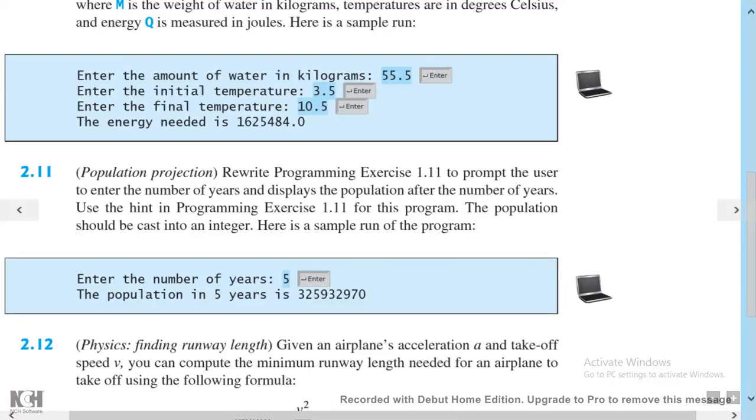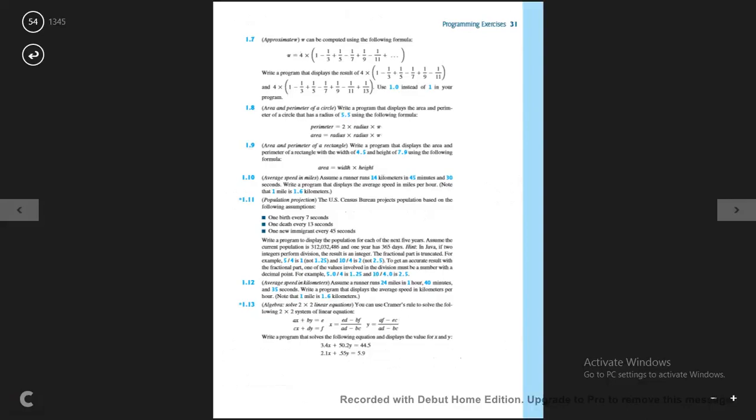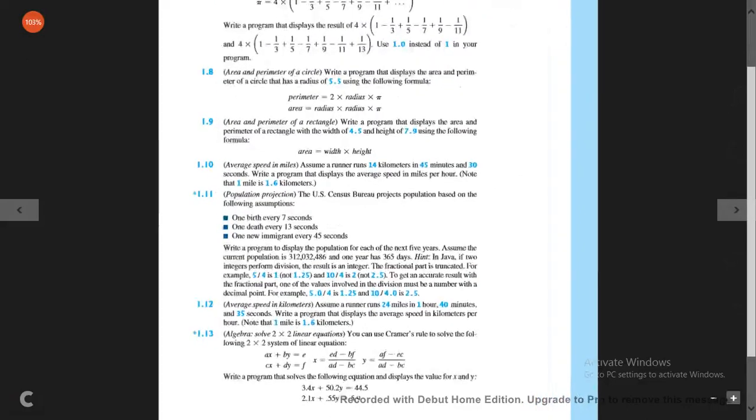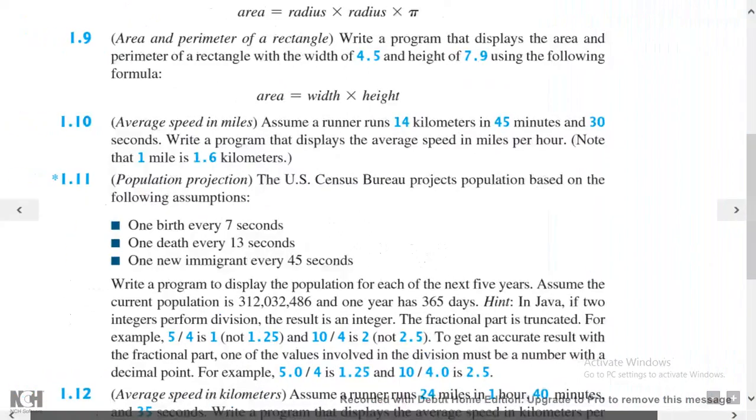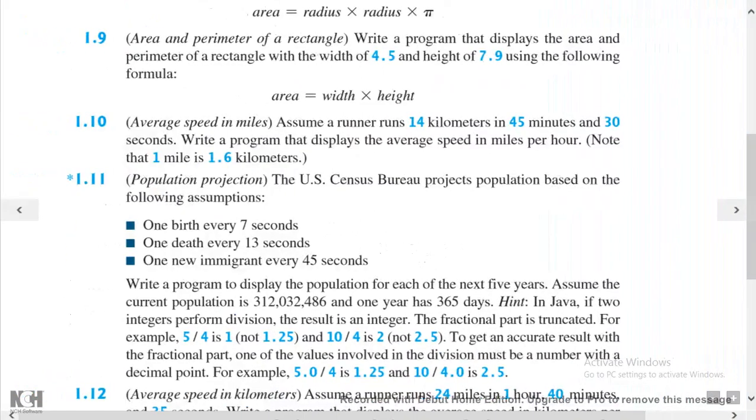Now let's go to exercise 1.11 and see what the question was. It's on page 54. So let's check it out. What is it they want us to do?